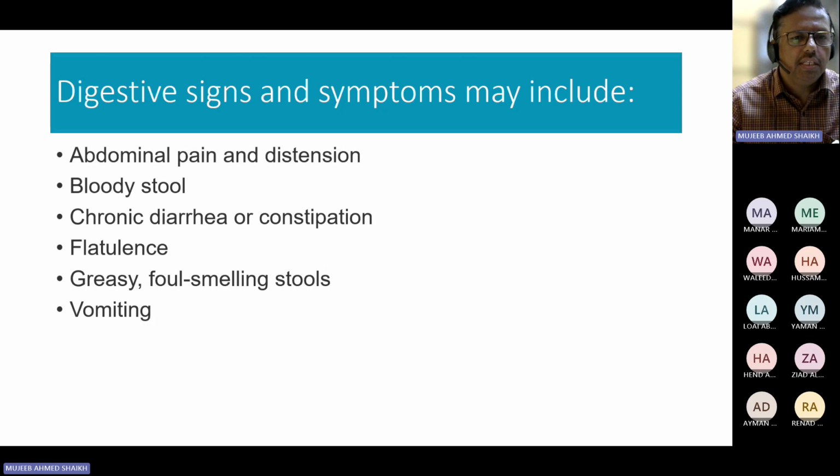It could lead to vomiting also. Why greasy stools? Because of malabsorption of fat. If fat is not absorbed, the stools will have oil in them, and when defecation occurs, they will be found floating in the pan.